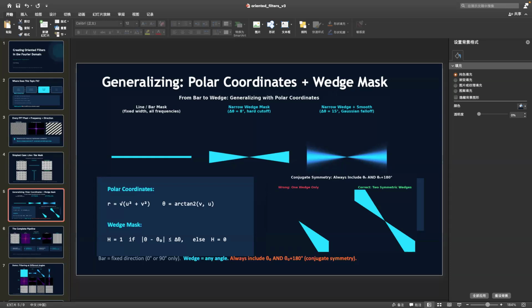The conversion is straightforward. r equals the square root of u squared plus v squared, and theta is the arctan of v over u. So this is the idea of how we select a filter at an arbitrary angle.